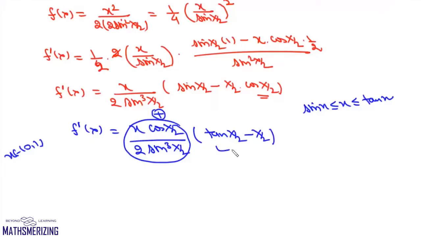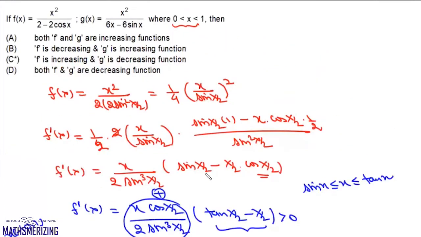That means tan x by 2 is greater than x by 2. That means this expression is greater than 0. So if f dash x is greater than 0, it simply means that f is an increasing function. So that completes our first part, which is f is an increasing function.